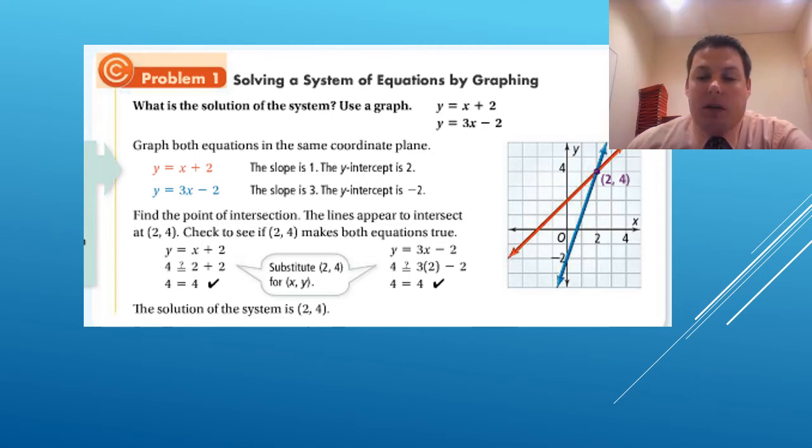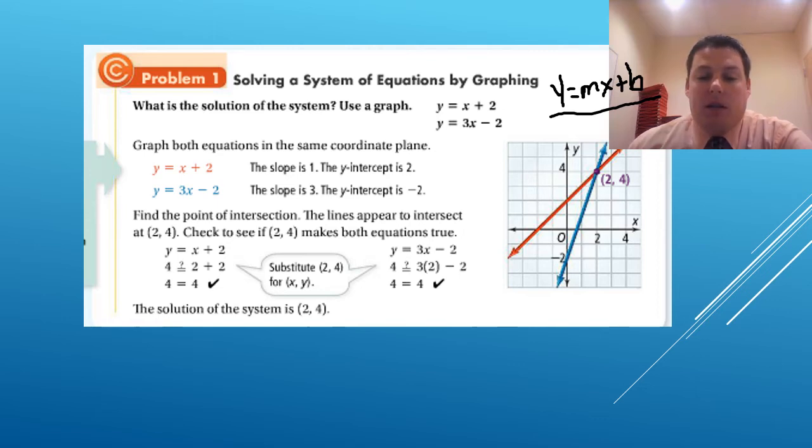Remember, it's easiest to keep them in this form. If they're not both in this form and you have 2 equations of a line that you need to plot, it might be best to convert the equation so that it looks like this: y equals mx plus b. Because now we have a point, which is the y-intercept, and we have the slope, which is m.